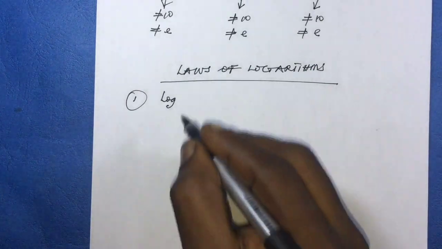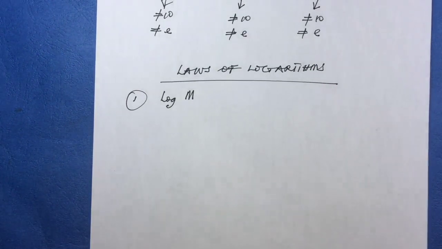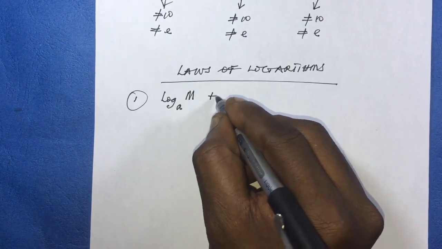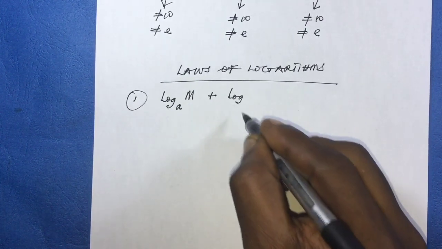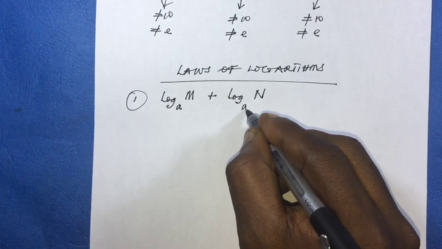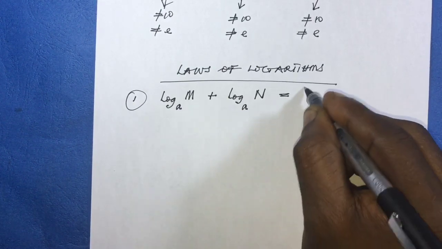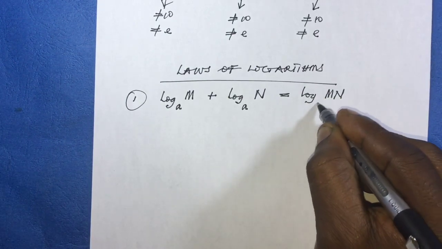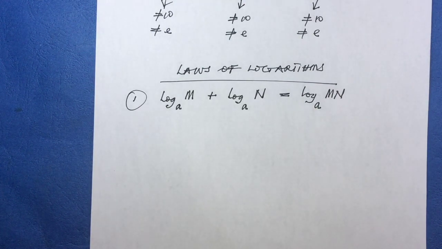The logarithm of a number m in base a plus the logarithm of another number n in base a is equal to the logarithm of the product of m and n in base a. Okay?